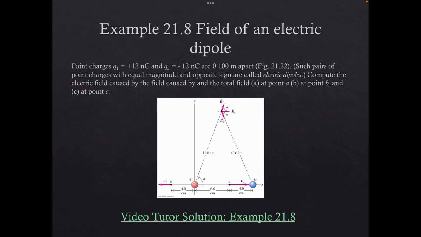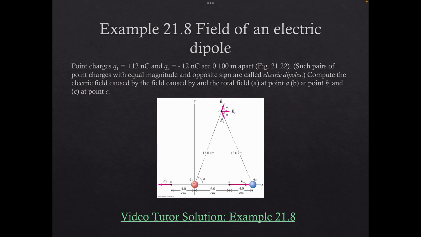So we just did this example. And what we found was that the electric field at point C, due to Q1 and Q2, the Y components canceled and the X components added together to form a net electric field in the x direction.